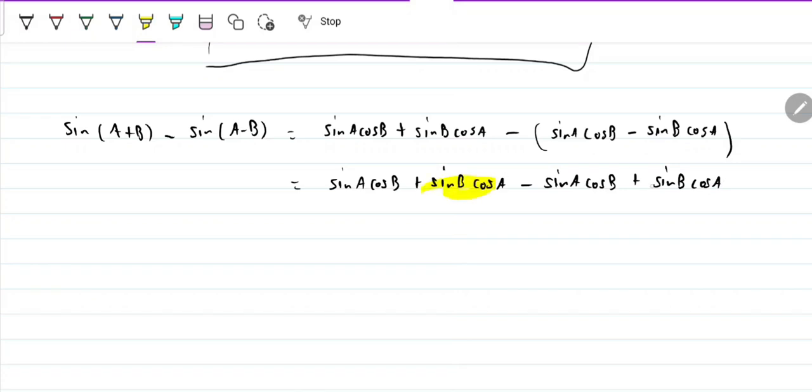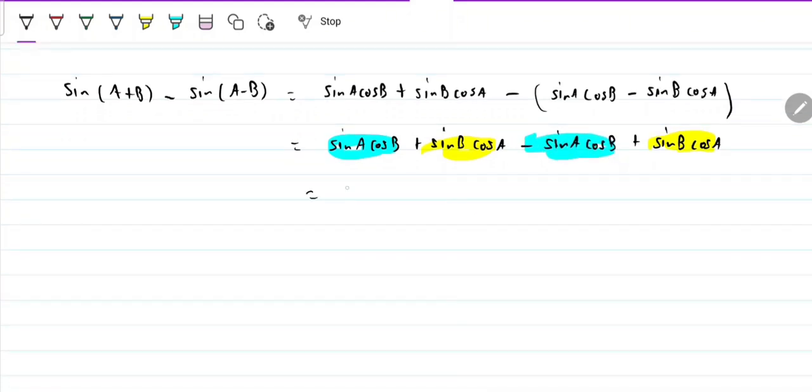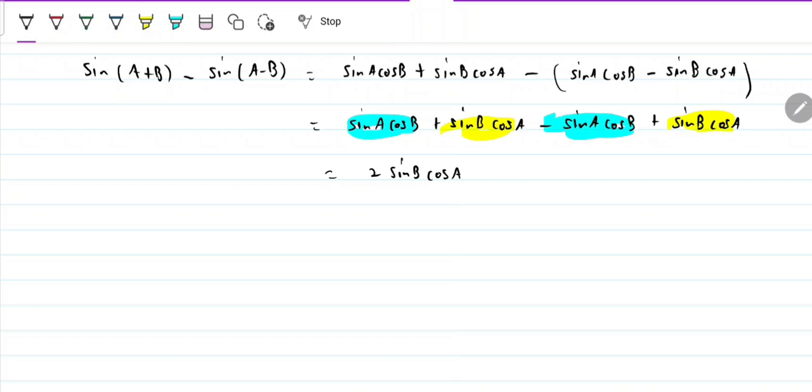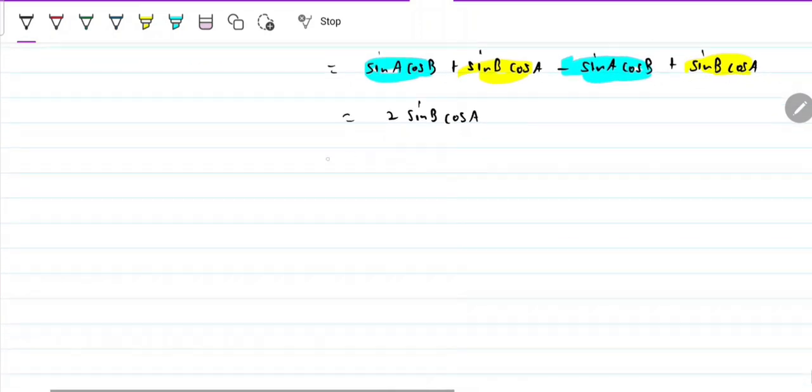These two are adding, and these two here, they're subtracting. Right? So I'm left with 2 sine B cos A. Wait, let me write the one with A in front.